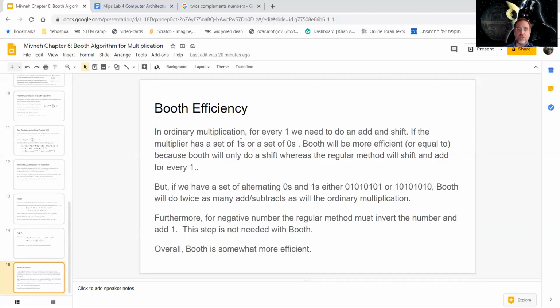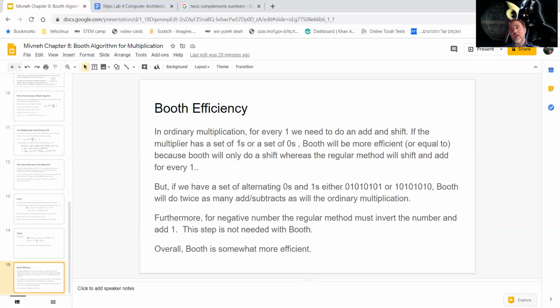Because here we just shift, we don't do the add. Also, if it's a set of 0s, like 1, 0, 0, 0, 0, 0, all those 0s will just shift. Well, actually, in the multiplication, it also will shift. It won't necessarily add, depending on how it's written. That's a check. But yeah, it'll be the same if it's a set of 0s. But if it's a set of 1s, it'll be more efficient.